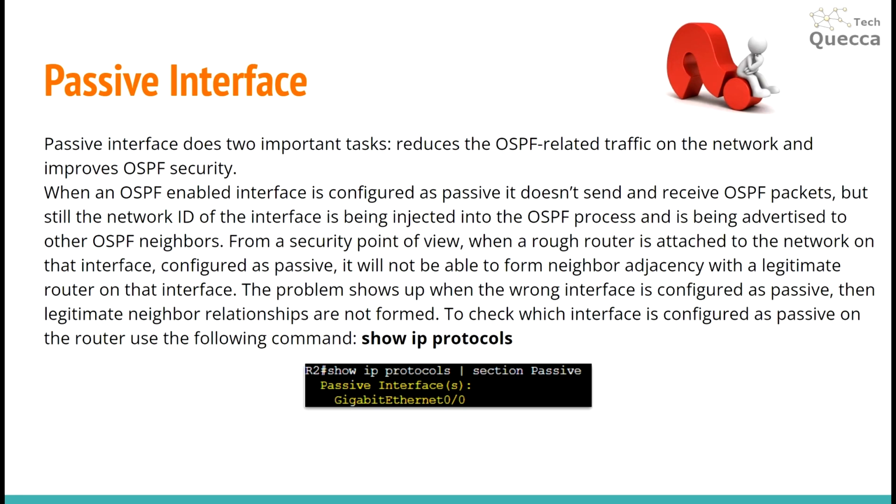To check which interface is configured as passive, you can use the command show ip protocols, and in the output you will see passive interface, and then your interfaces configured as passive. If you don't need this interface configured as passive, and this is the reason routers do not form a neighbor adjacency, you need to change your configuration.